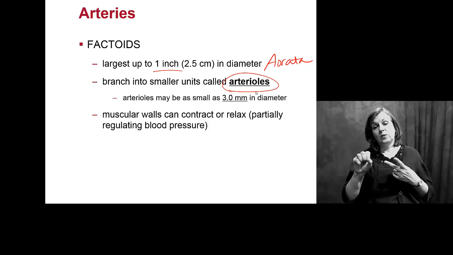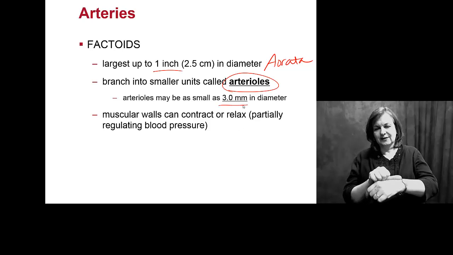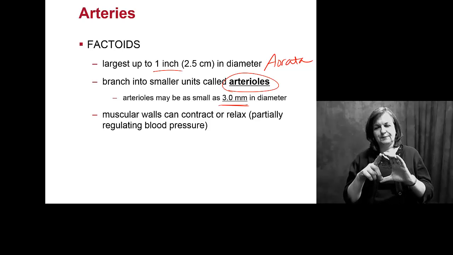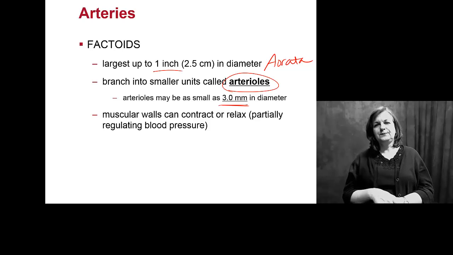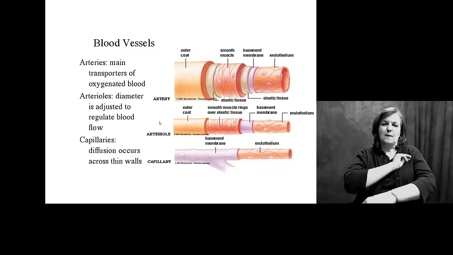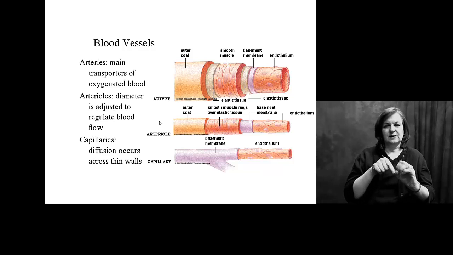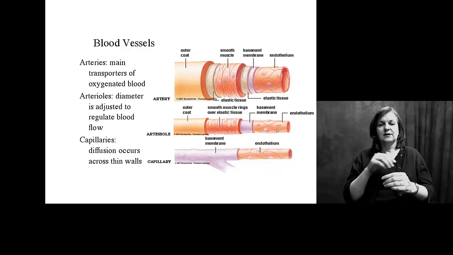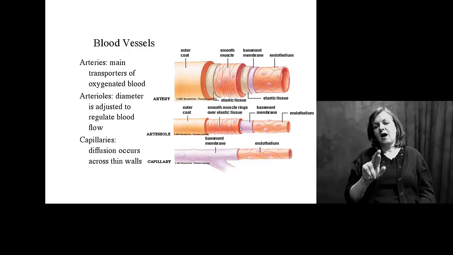Arterioles are just small arteries and can get down to about 3 millimeters in diameter, so it's smaller. And when we look at these, they're actually going to have very thick muscular walls, as we saw before. So we actually look at several layers of muscle in the arteries. In the arterioles, we're looking typically at a single layer of muscle.